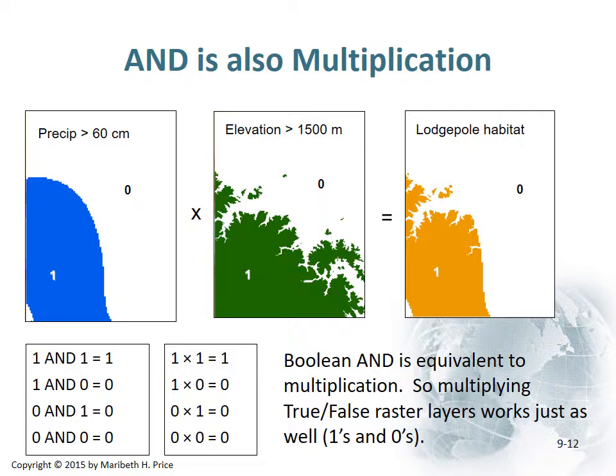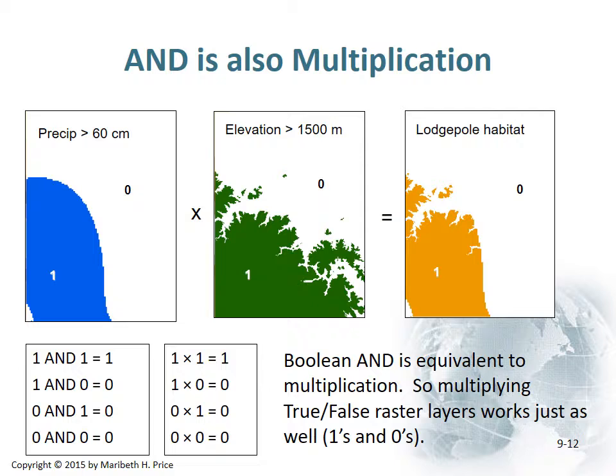Another way to think about Boolean AND is that it's essentially multiplication. Using the same example from the previous slide, we have the two input rasters of precipitation and elevation, trying to figure out where lodgepole habitat might be using only those two input rasters.